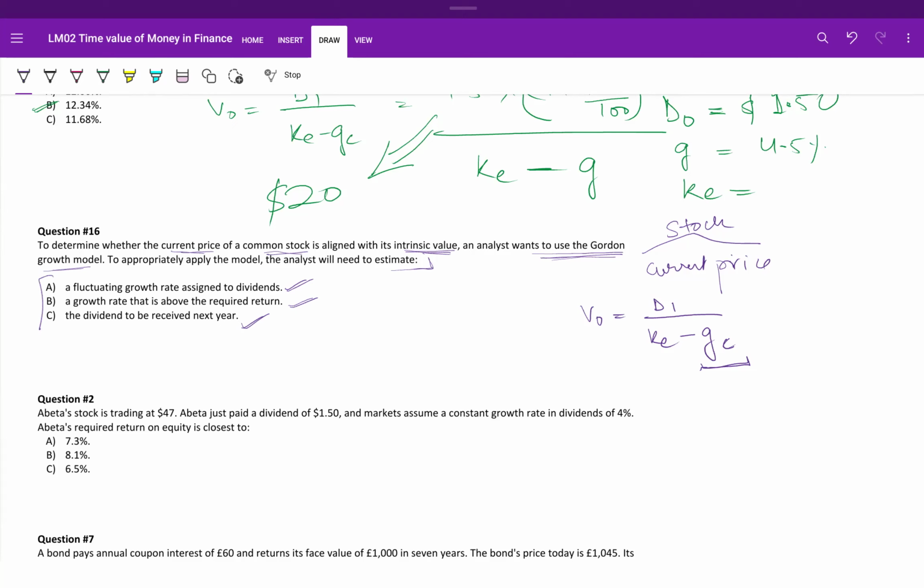Understand the Gordon growth model is also known as the constant growth dividend discount model. So here the growth is actually constant. We will be using the simple dividend discount model, DDM, not the multi-stage DDM.